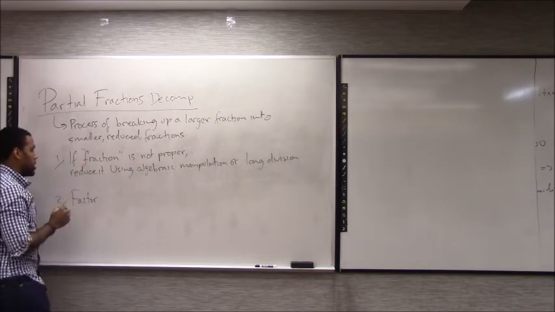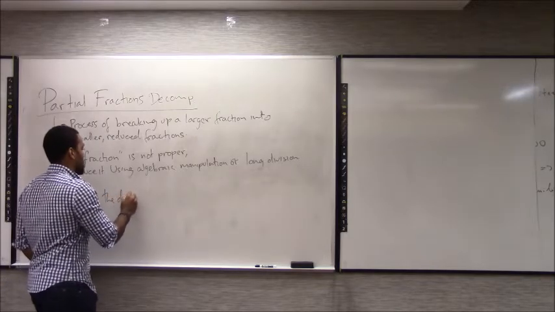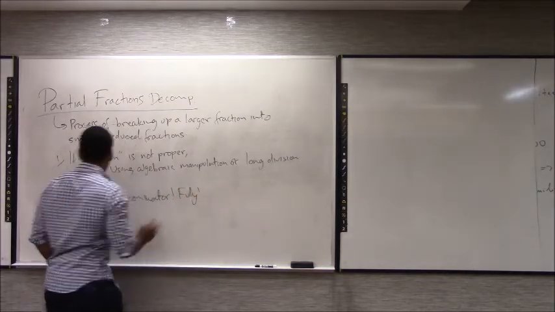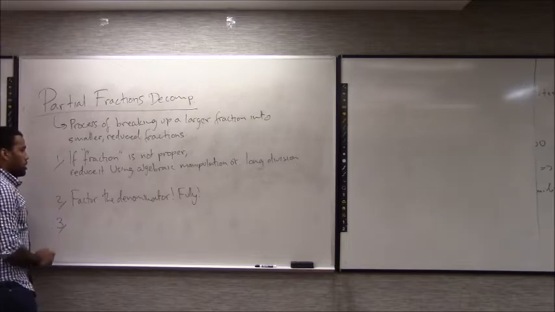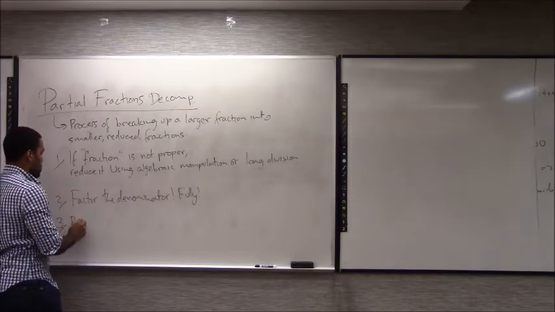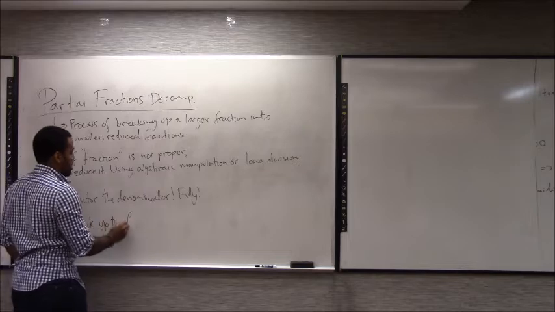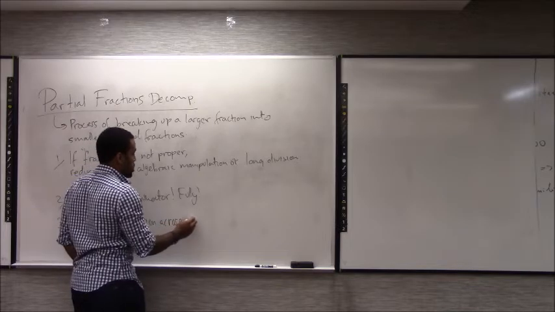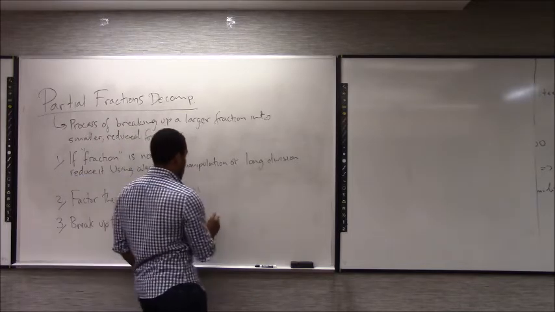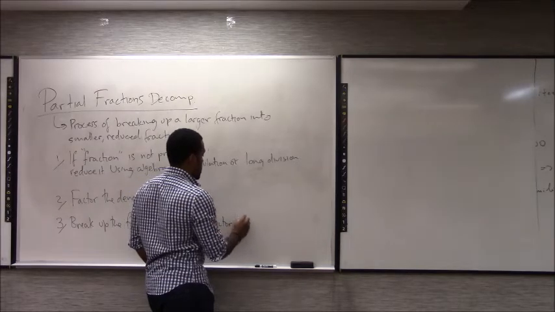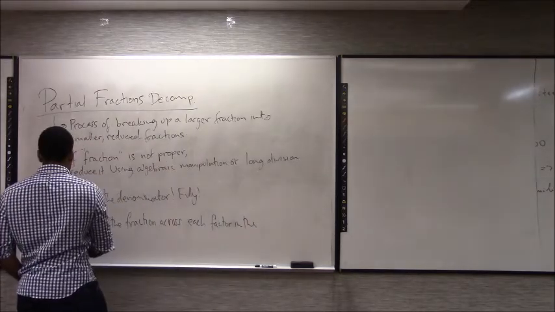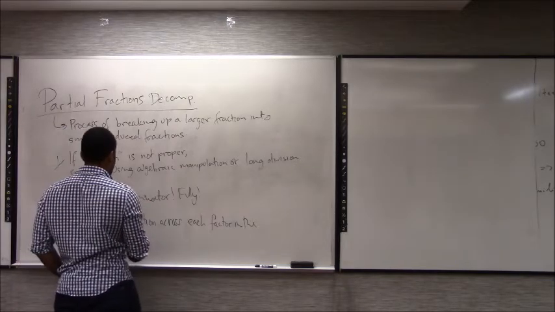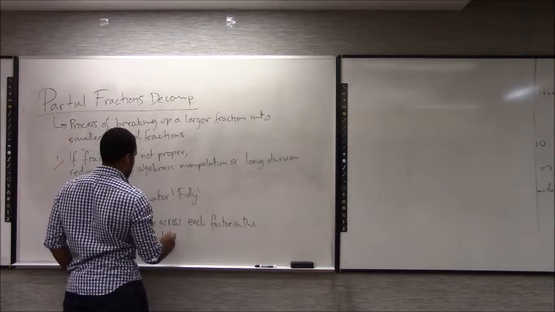So assuming this is done or is not necessary, factor it fully. Three, now what you're going to do is break up the fraction across each factor in the denominator, obeying two rules.